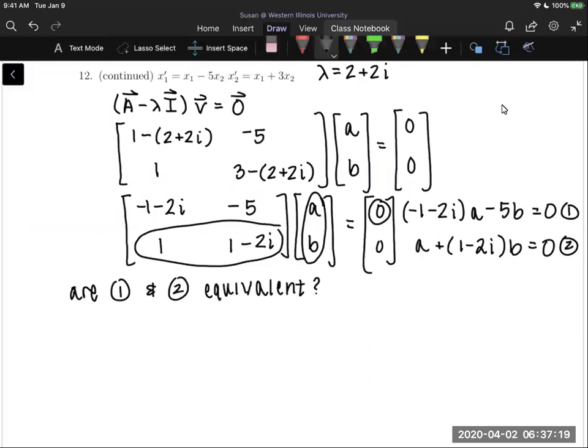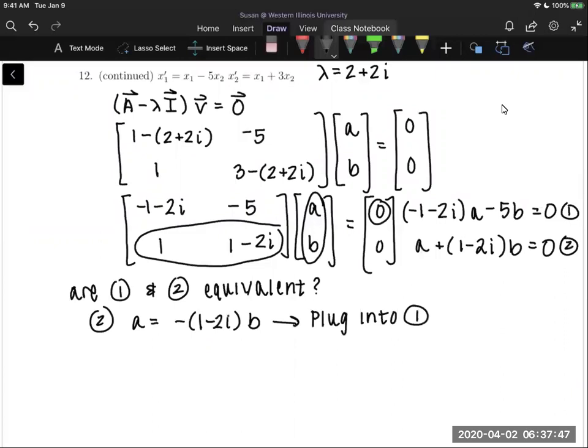So in order to check this, I'm going to solve for one variable and plug it into the other equation. The easiest variable to isolate would be in equation 2, a equals negative 1 minus 2i b. And so now I'm going to plug this into equation 1.